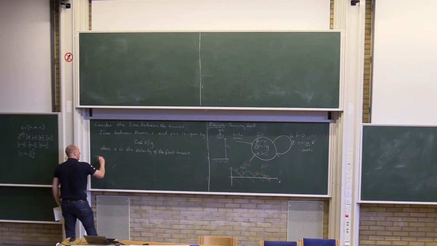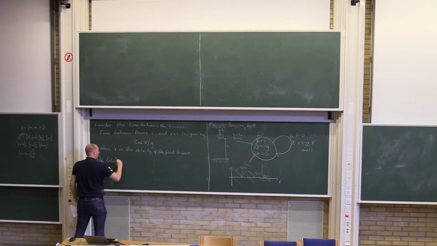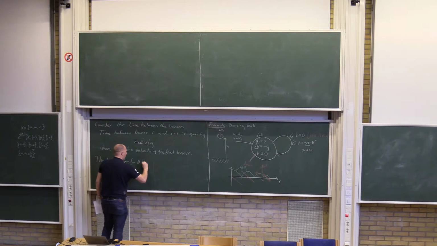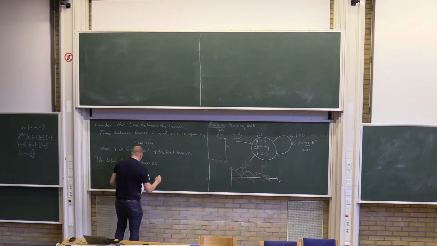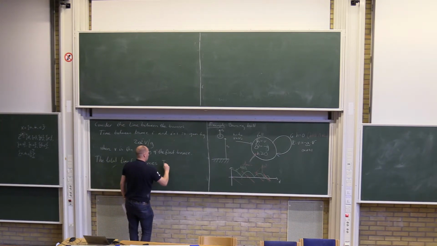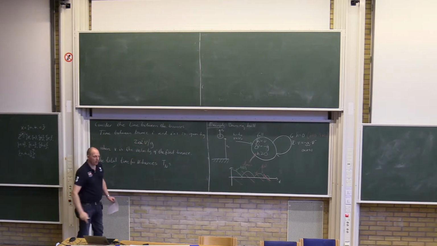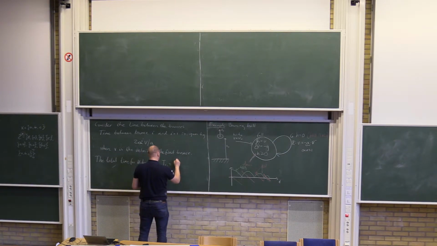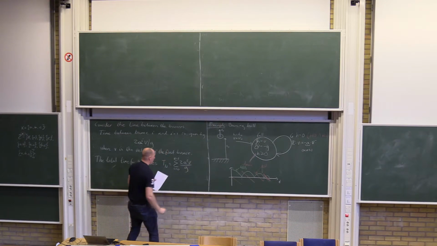So the total time for n bounces, T_n, is the sum over i equal to 0 to n minus 1 of 2 a^i v divided by g.